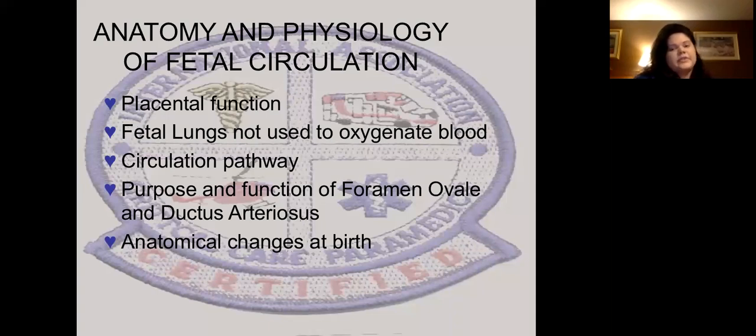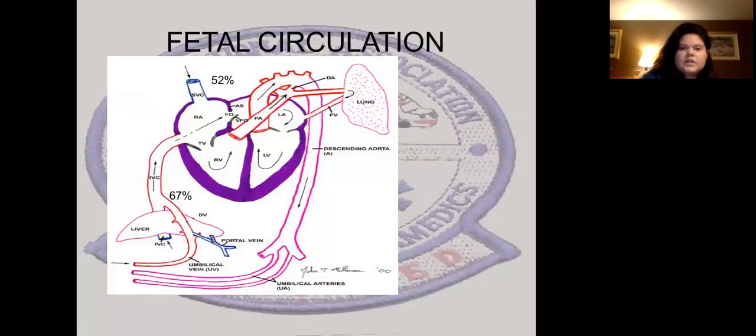That's going to be after they're born. There are different purposes and functions of things such as the foramen ovale and the ductus arteriosus, and we'll talk about those a little bit later. And then there are a few anatomical changes that take place at birth. So this is a typical fetal circulation.